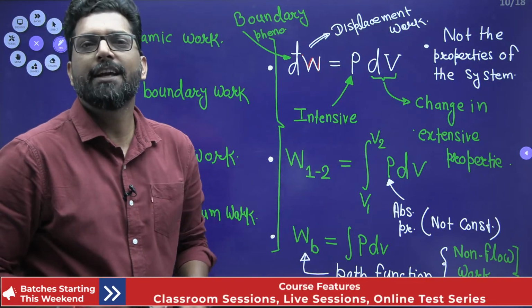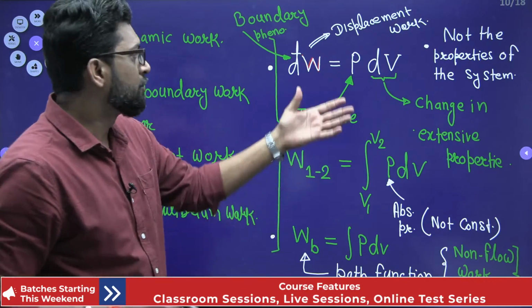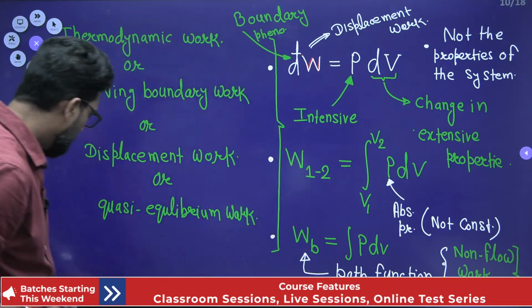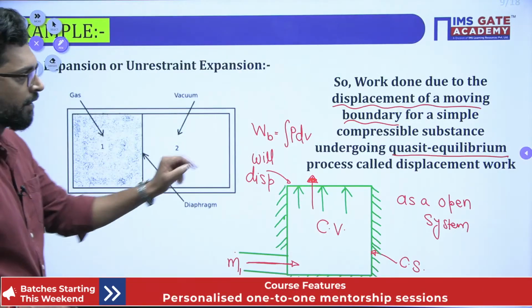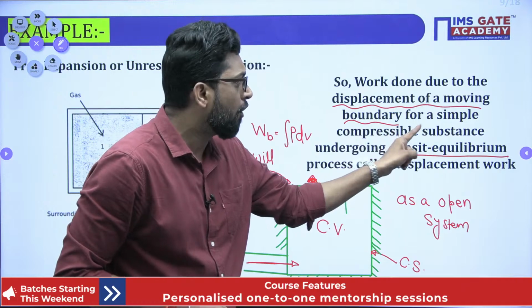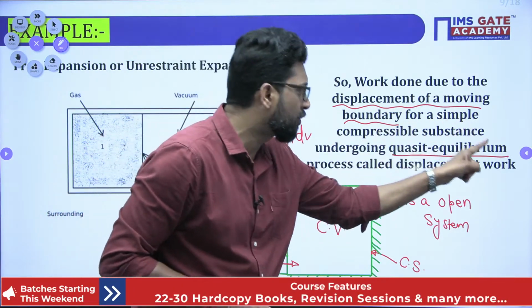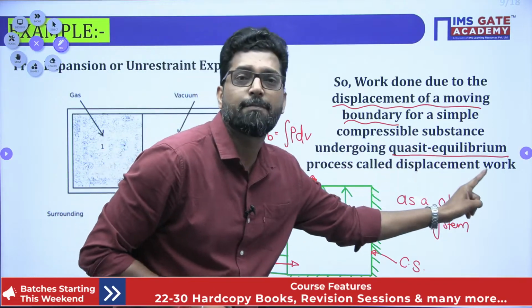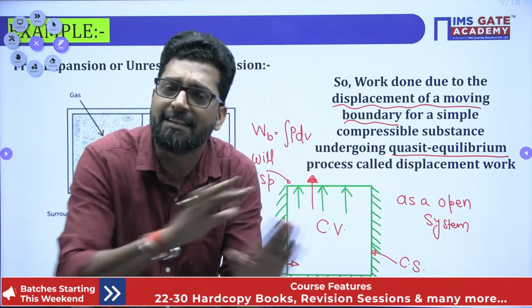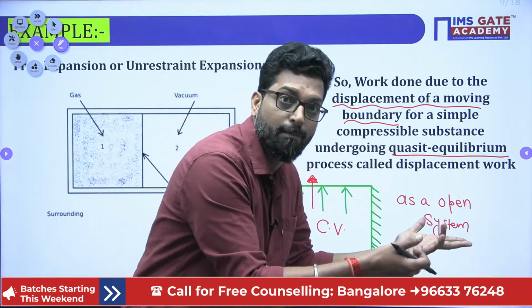Yes, PdV work is applicable for every system. See what I am telling you, these are the definitions. Work done due to the displacement of a moving boundary for a simple compressible substance undergoing a quasi-equilibrium process is called displacement work. That's it.